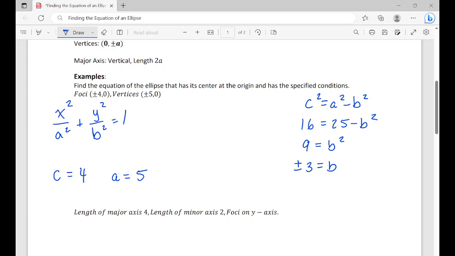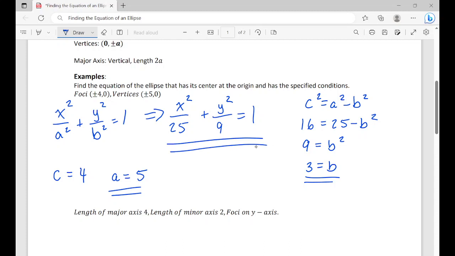But we really only need positive for b. So now we have our a and b, and now we can plug it into our equation. So we're going to get for our answer x squared over 25, which is a squared, plus y squared over 3 squared, which is 9, equals 1. So this is the equation of the ellipse with the foci and vertices given.